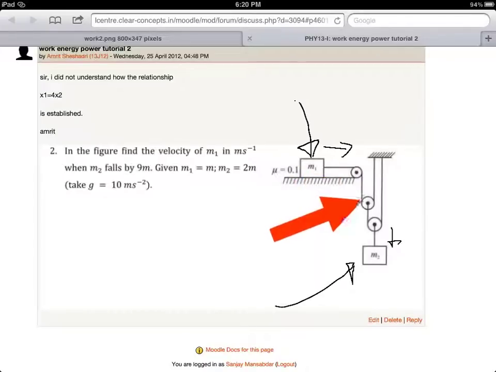So for all practical purposes, if I just straightened out this string, instead of making it bent here, assuming of course that this was high enough, then we would basically have the same problem again. And that's one simplification I will make just to make the problem easier.